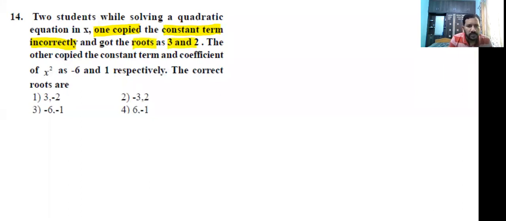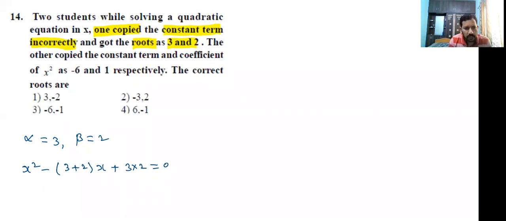Suppose alpha is equal to 3, beta is equal to 2. These are the roots. Form the quadratic equation: x square minus sum of the roots into x plus product of the roots is equal to 0.